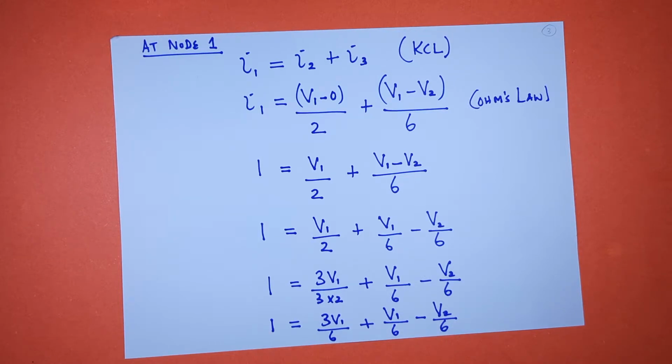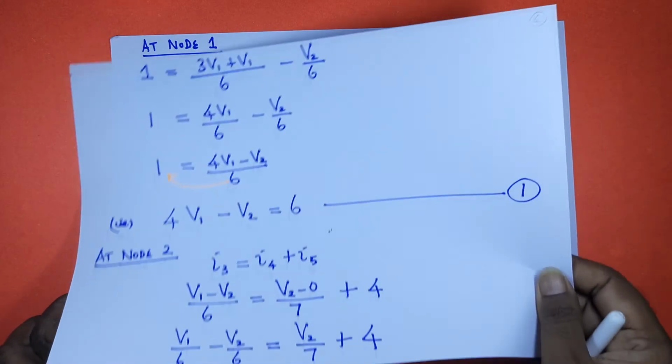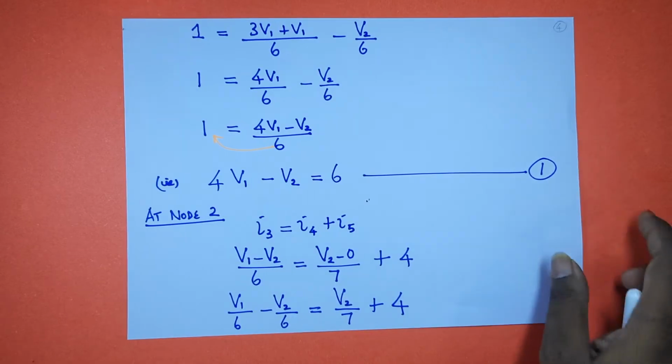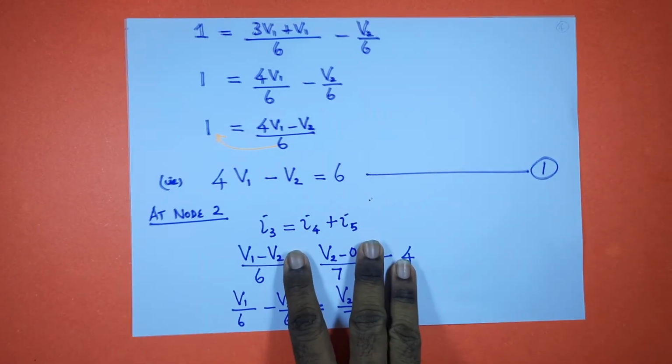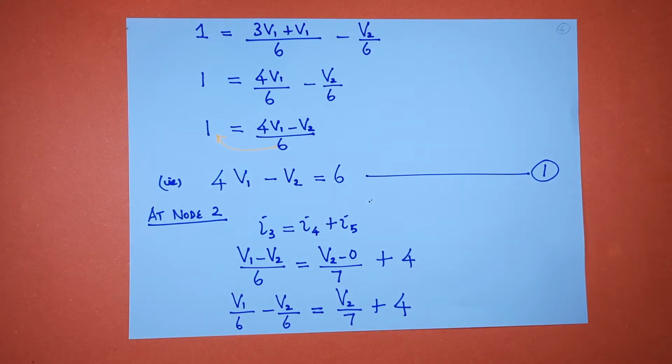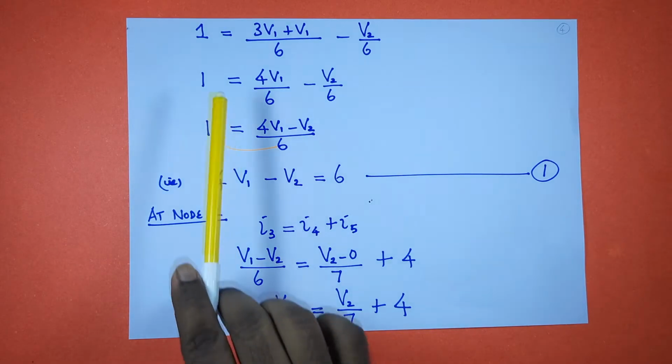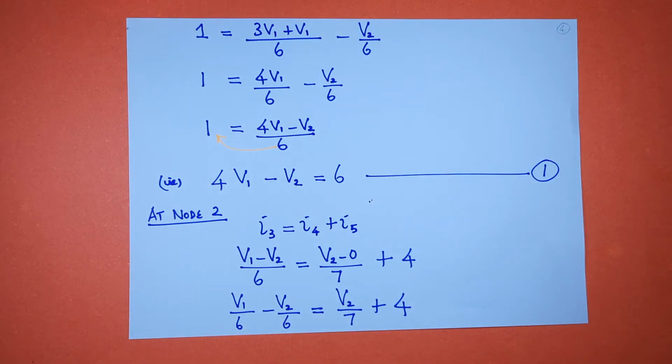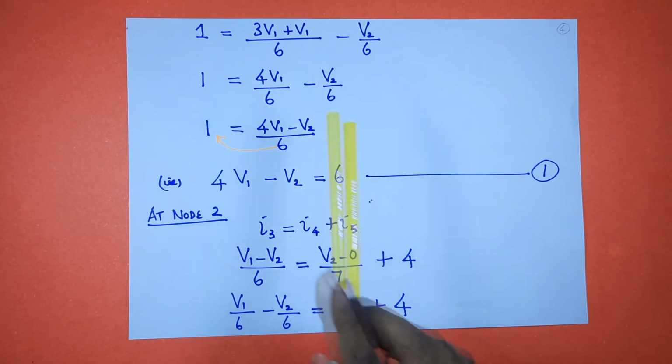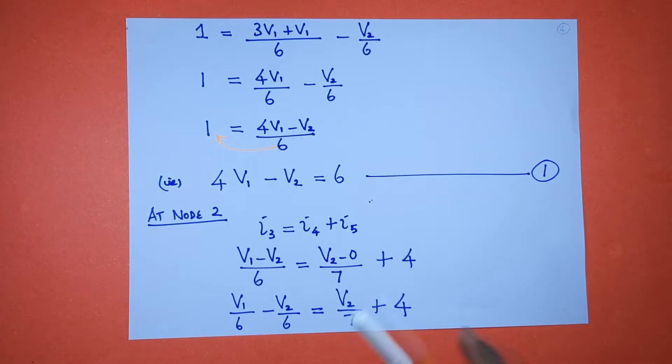The next step is going to be, we'll move in a step-by-step manner. So 1 equal to, I will combine the first two terms, 3V1 plus V1 divided by 6, and then minus V2 by 6.